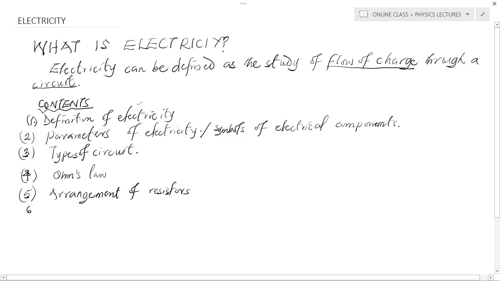After that, we are going to discuss cells arrangement. Then we'll discuss the efficiency of a cell.